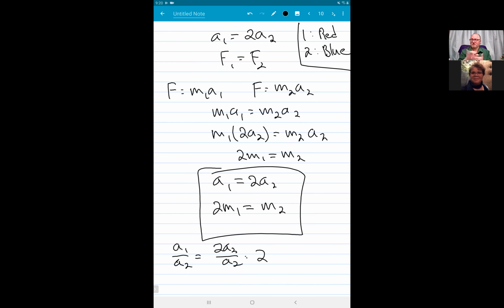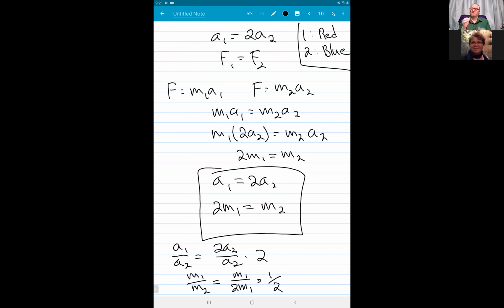And then if I wanted to do M1 over M2, the mass ratio, what do I have? I have 2M1 is equal to M2. So I keep the top M1, and on the bottom I get 2M1, and I would have a ratio of 1/2.